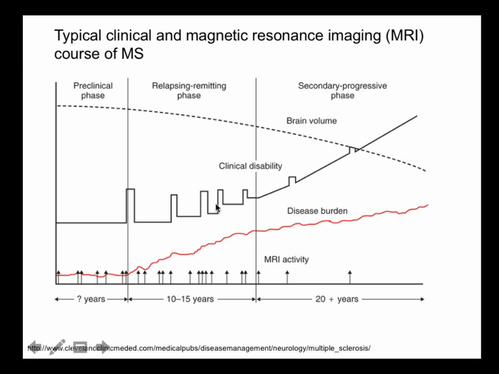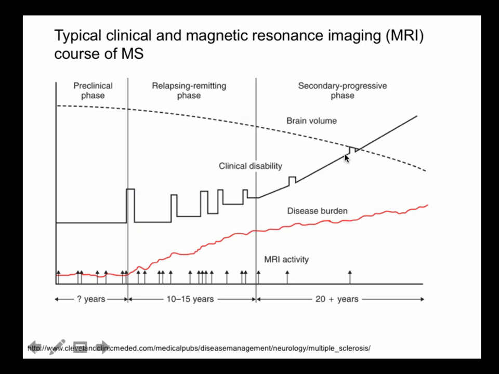But at some point, the disease burden starts to add up, and then they start having more and more permanent symptoms. Unfortunately, after a decade or two, this relapsing course changes to a really chronic, progressive MS disease course, which is really adding in terms of disability, and patients end up being unable to walk by themselves, being in a wheelchair, and so on and so forth.